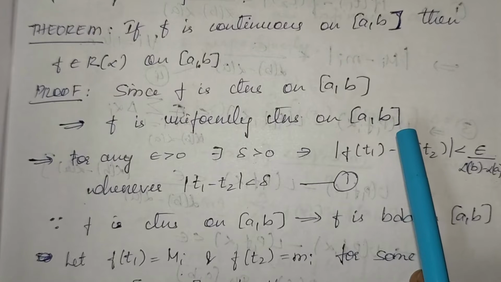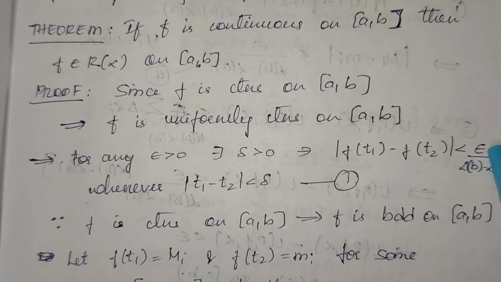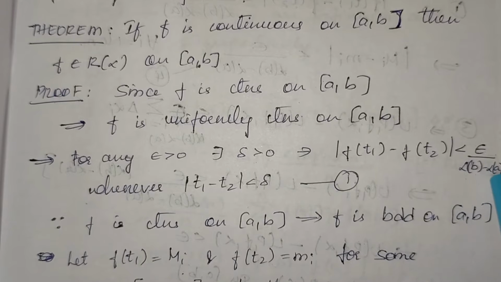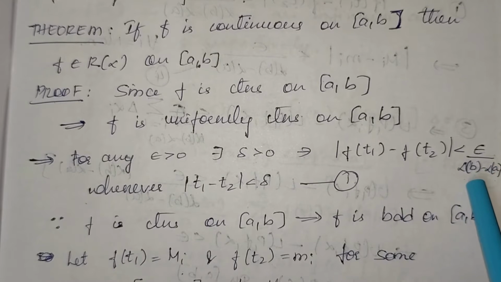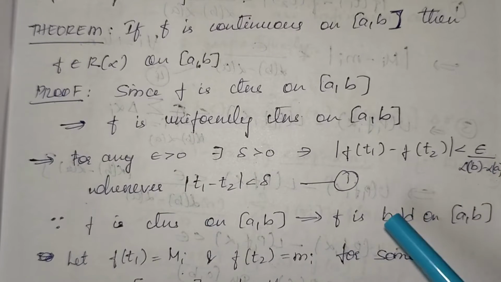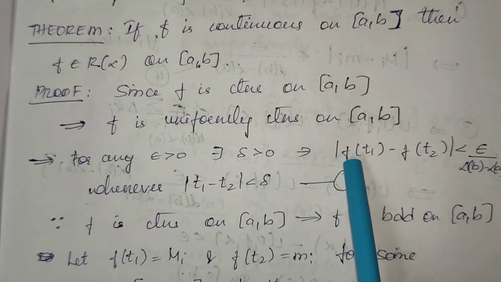Here I have written epsilon / (alpha(b) - alpha(a)) instead of writing epsilon, and you will come to know why in the upcoming steps. Name this as equation 1.